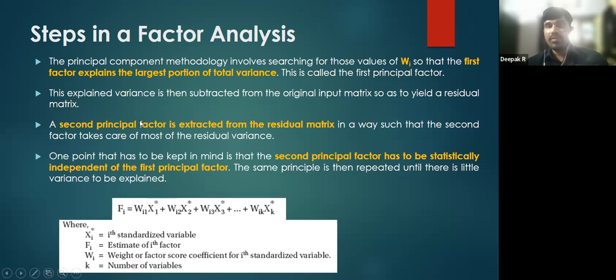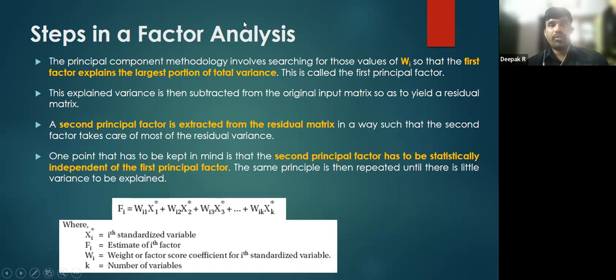And the second principal factor is extracted from this residual matrix, so that you will now be able to understand that the first principal factor and the second principal factor are orthogonal in nature, and thus we will find that these are independent in nature. So how will we be able to get these factors is the first question.